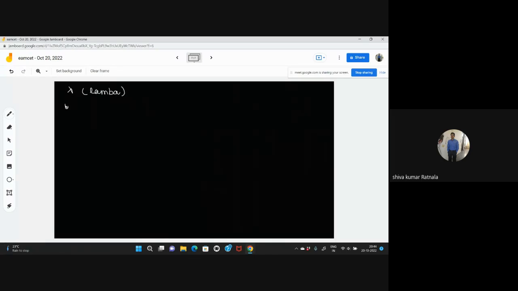Okay, and the units are angstrom, angstrom, that is Å. Angstrom units, nanometers, nanometer nm, or picometer pm.